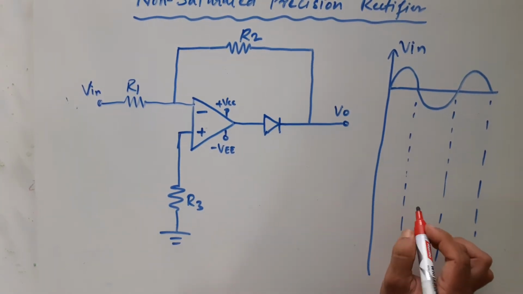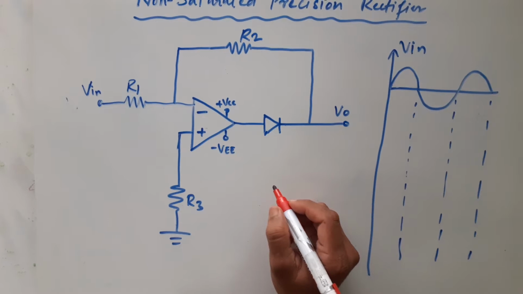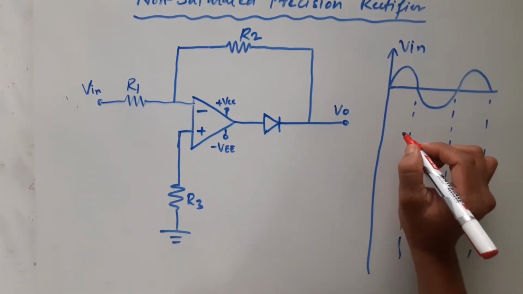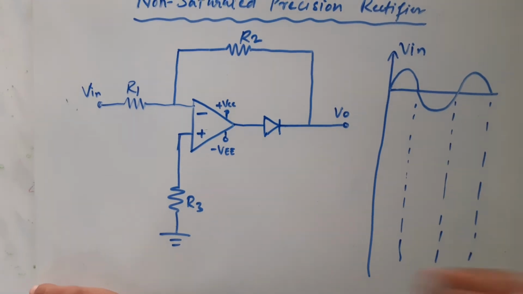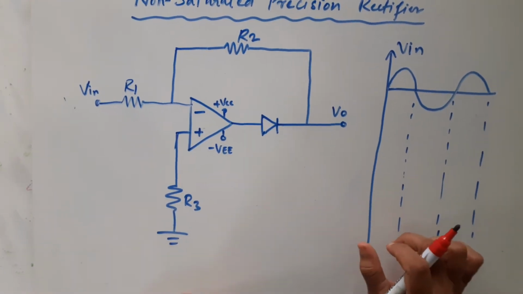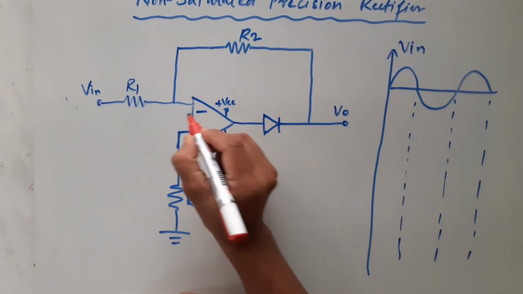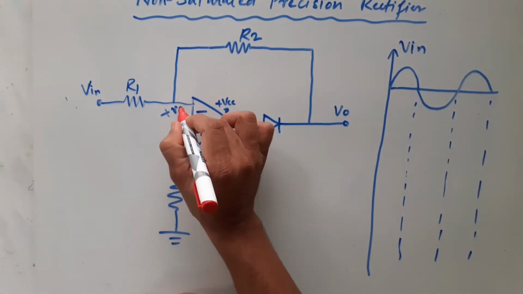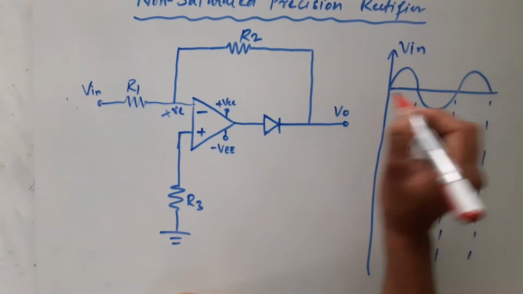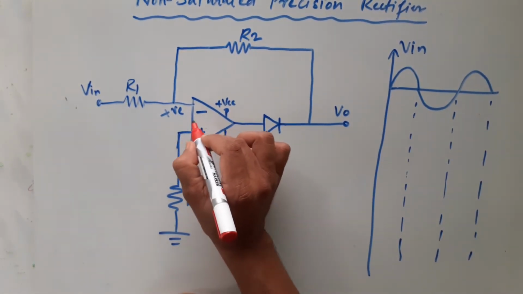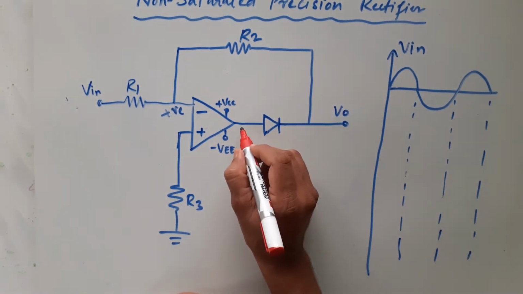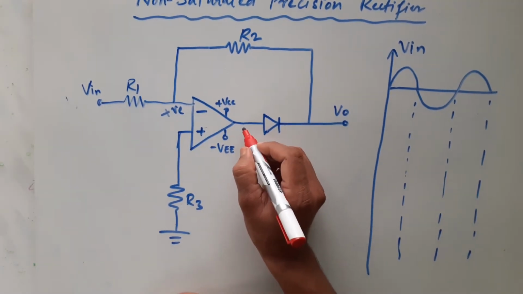How will be output? Your output should be, yes, for positive input. Let us start with this. When you apply a positive input here, this positive half cycle, this positive is given to inverting terminal. So positive will become negative till it reaches output voltage, right?